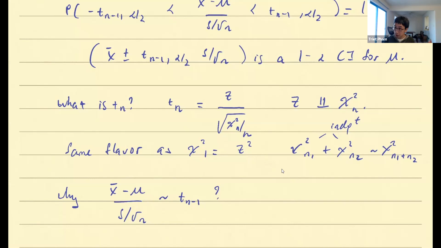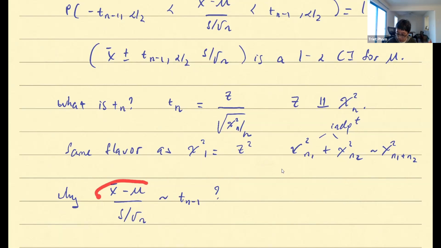Okay, good. That's exactly it. Very good. But then, okay, that explains the n minus 1 maybe. But then why is this Tn minus 1 in view of this? So let me ask you this.